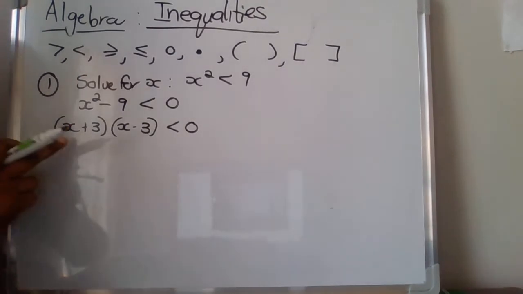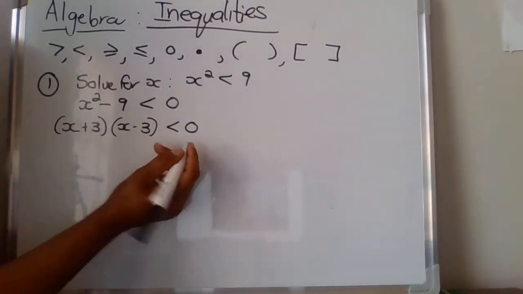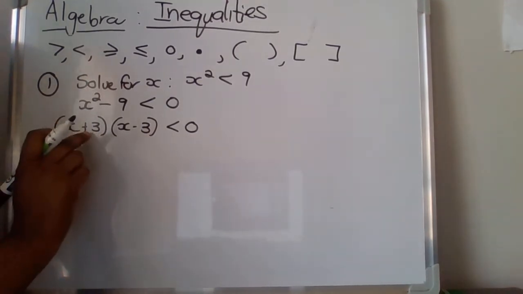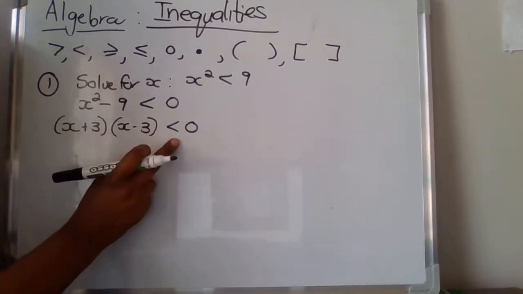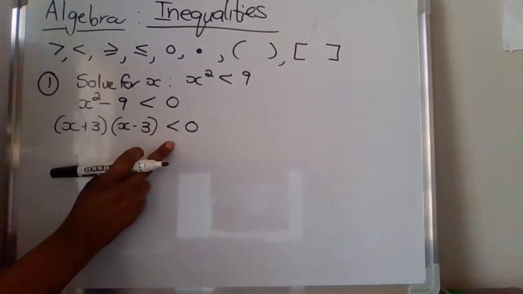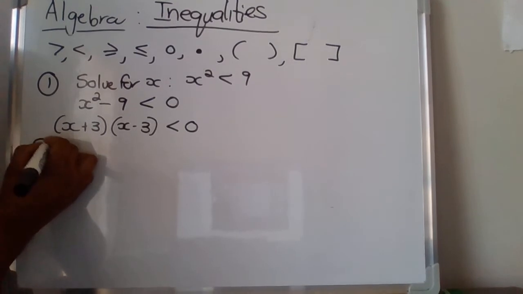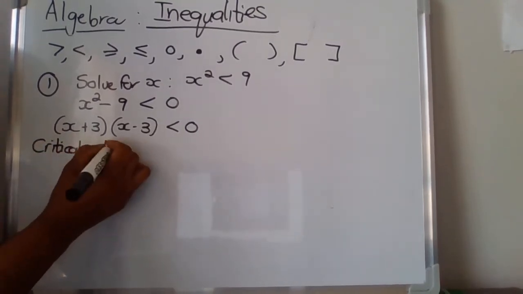All right. So when we are factorizing, we know that if this was an equal sign, then we would just solve for x. Then the answer would be x equals minus 3 or x equals 3 if this was an equal sign. But now it's an inequality. So what we do is, yes, you still follow that step, but we refer to these values as the critical values, all right?